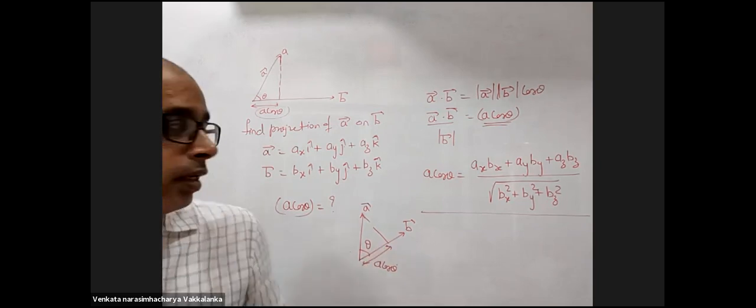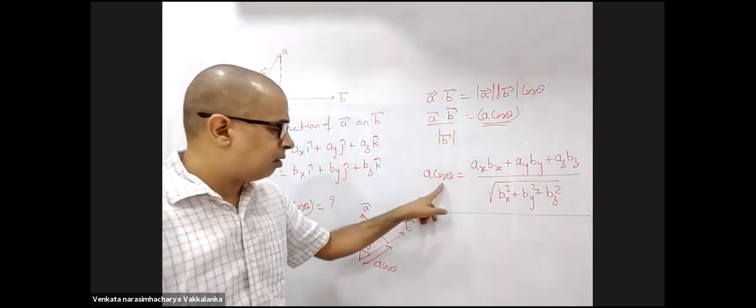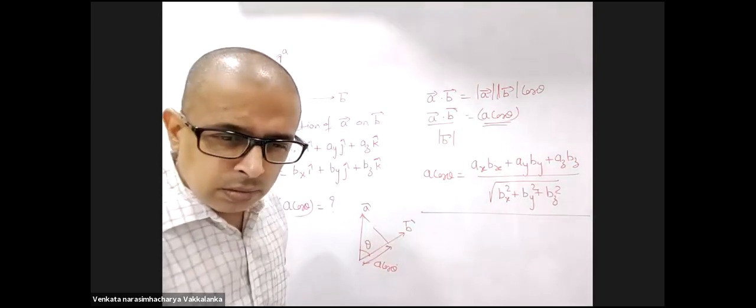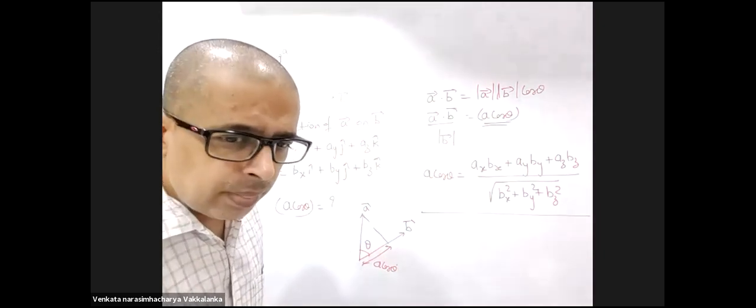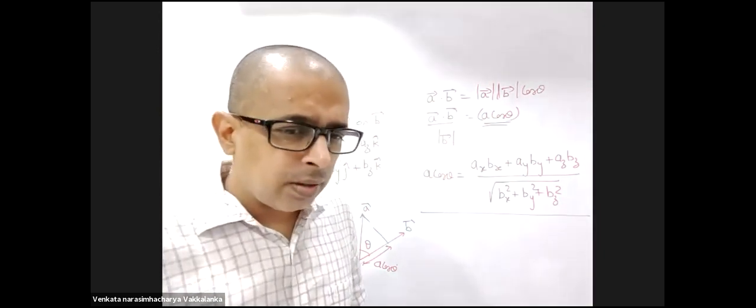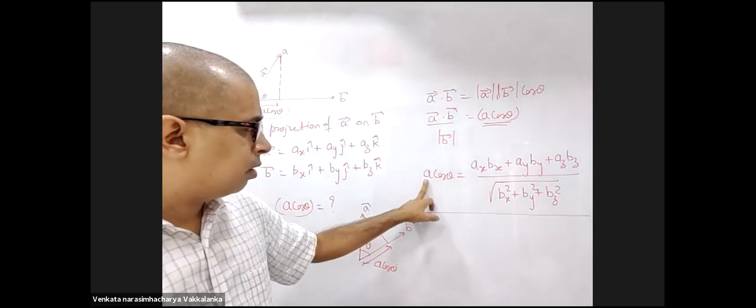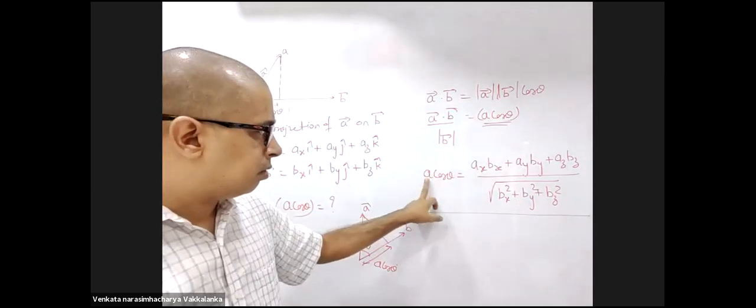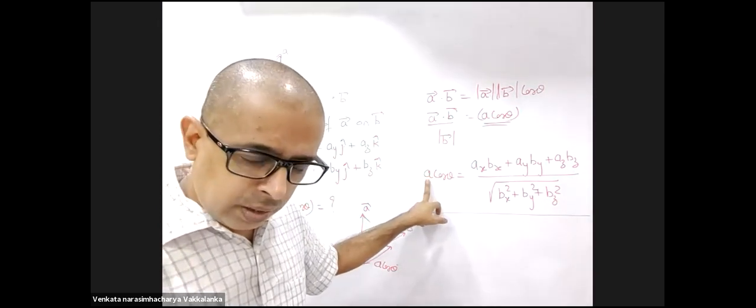I didn't get your point. Is anybody able to give me? The magnitude of A as root over of AX square plus AY square plus AZ square into cos theta.